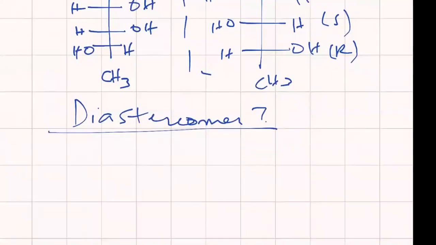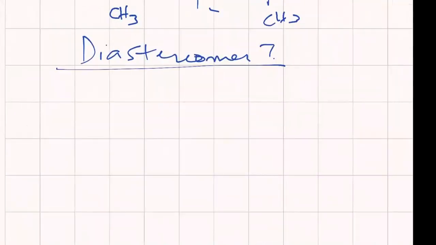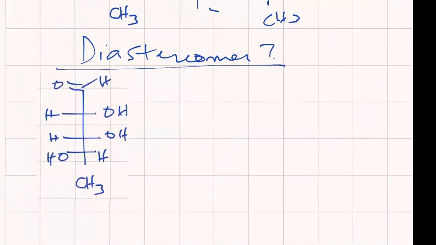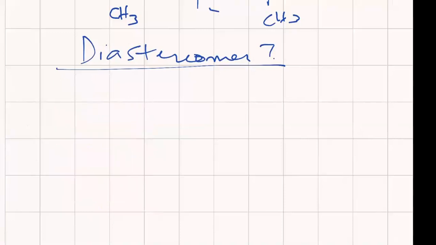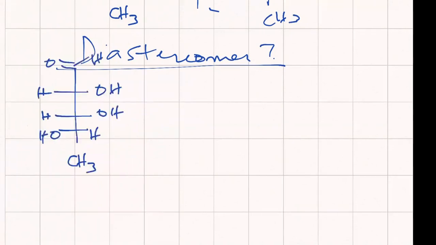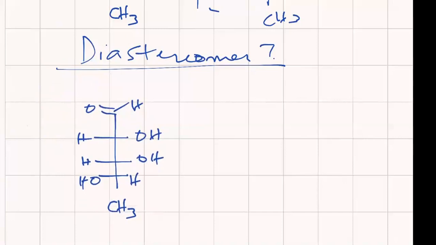What's the definition of a diastereomer again? Anybody? It contains a chiral center that's non-superimposable, but it's not a mirror image. Okay, so it has a chiral center, but it's not a mirror image, right? But it's still chiral.